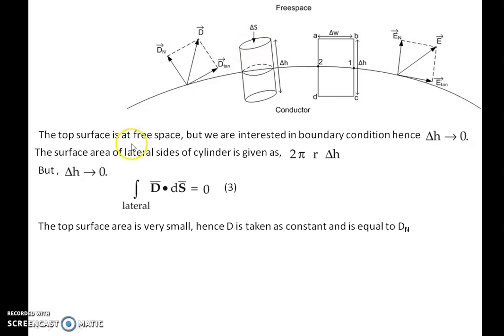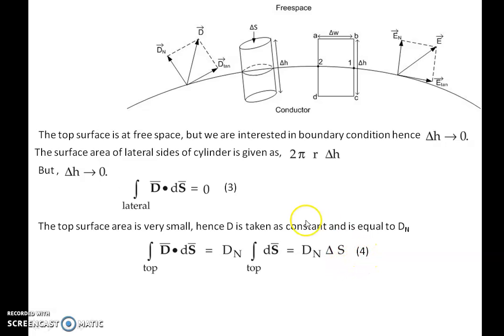If it is constant, then we can take D outside of the integration. So I can write the integration over the top surface of D dot dS, which is equal to Dn into the integration over the top surface of dS. The area of the top surface is delta s. So this equation becomes Dn into delta s. I will take this as equation 4.